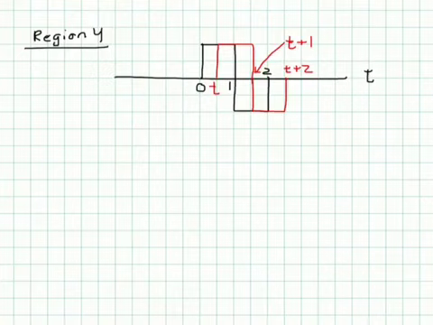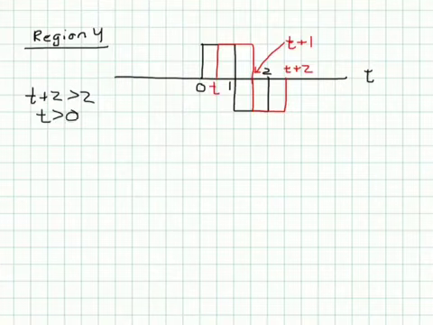Now we move over to region 4, and here's the sketch for region 4. Hopefully it gets a little easier even now. We can easily specify what this region is. Region 4 is where t plus 2 now is greater than 2, because we've moved outside here. So that means t is greater than 0.